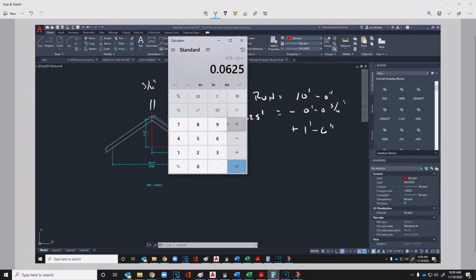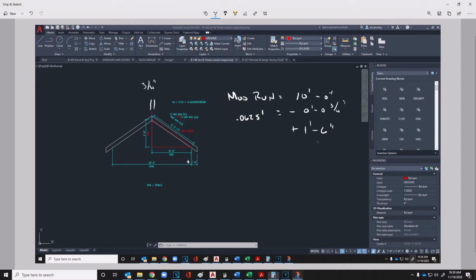So now I can go in here and I can make this a negative, and I can add 10 feet to that to end up with 9.375. And then I'm going to add this 1 foot 6 inches. So remember that 1 foot 6 inches is 6 divided by 12, which is going to be 1.5 feet, because 6 divided by 12 is 0.5.